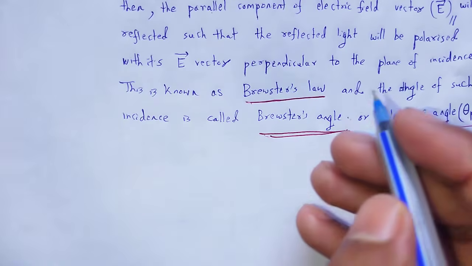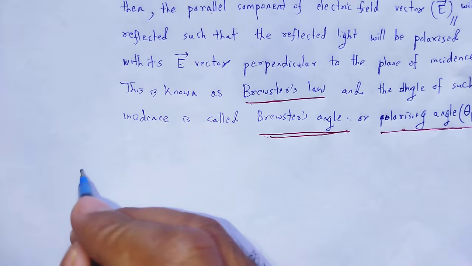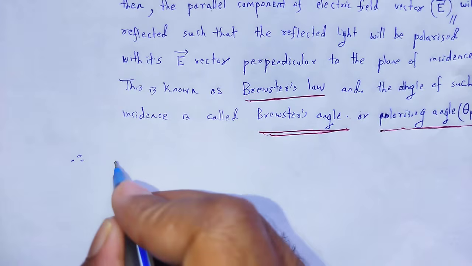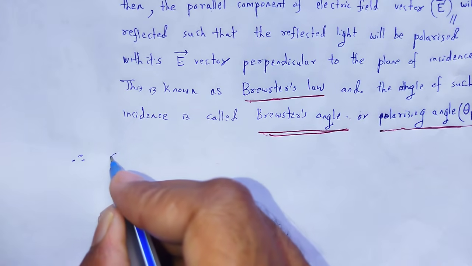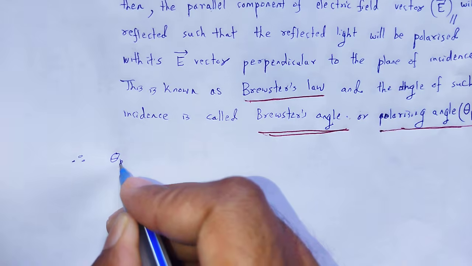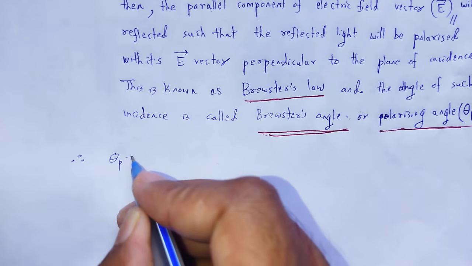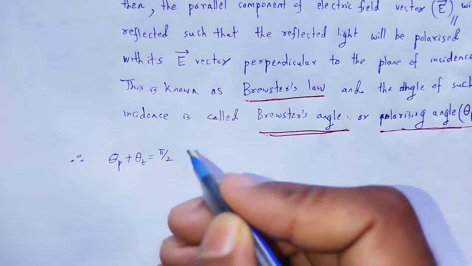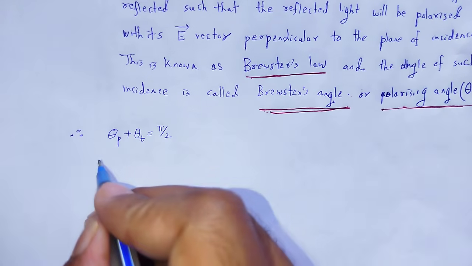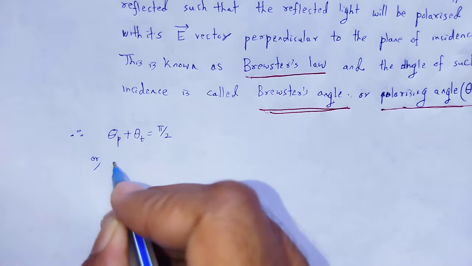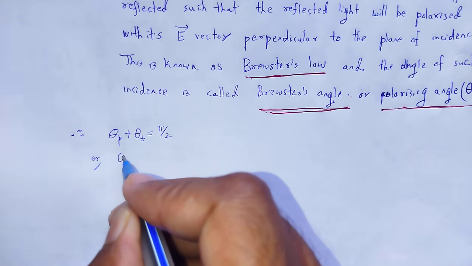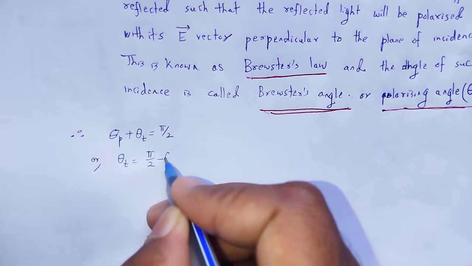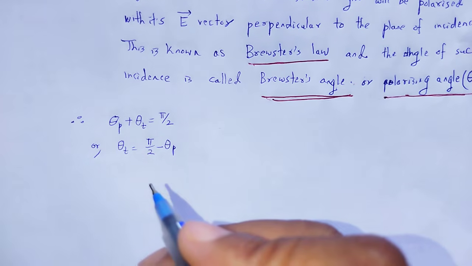Therefore, writing theta p, the polarizing angle, plus theta t is equal to pi by 2. That is why theta t is equal to pi by 2 minus theta p.